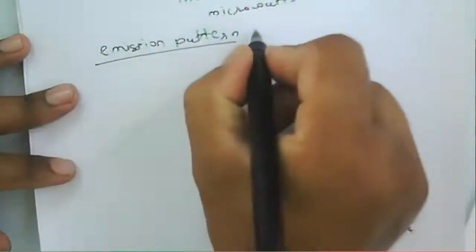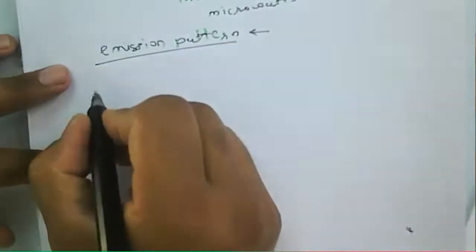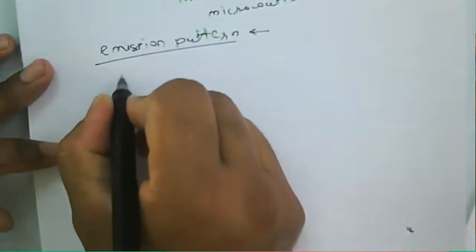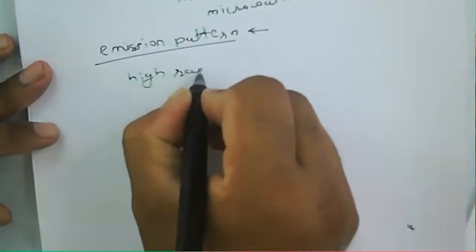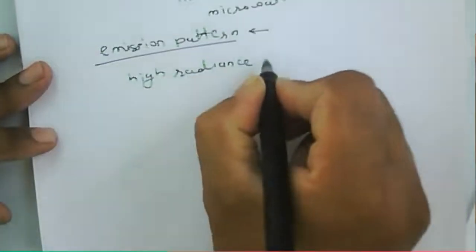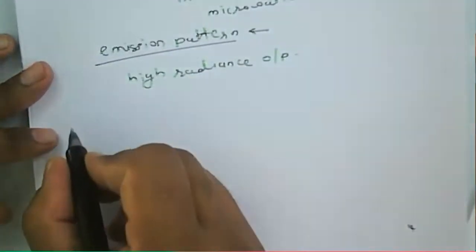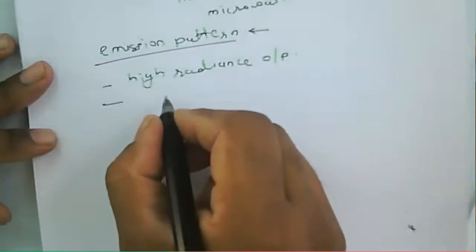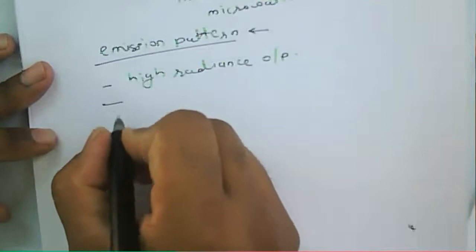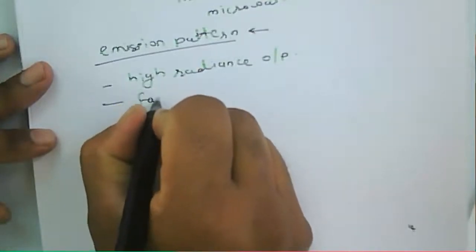So for the given emission pattern, the light emitting diode should have a high radiance output. Again, the light emitting diode should have a fast emission response.